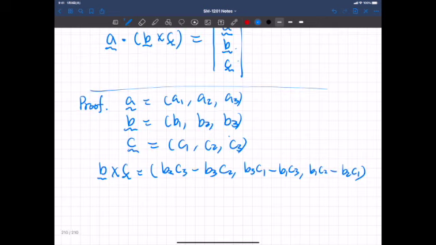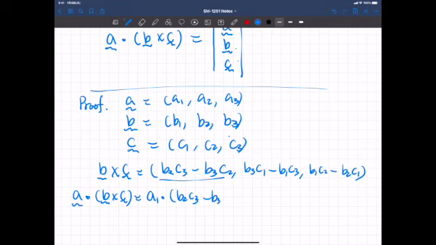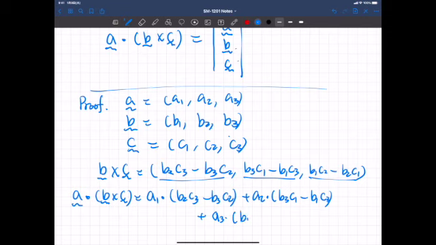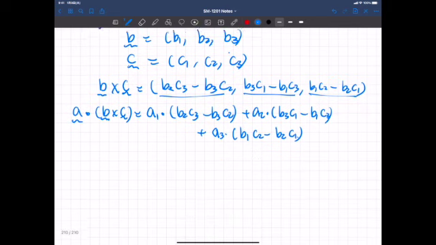Now we take the scalar product, the dot product between A and B cross C. Again, from the definition of the scalar product, this is A1 times B2 C3 minus B3 C2, plus A2 times the second element, B3 C1 minus B1 C3, plus A3 times the third element, B1 C2 minus B2 C1.